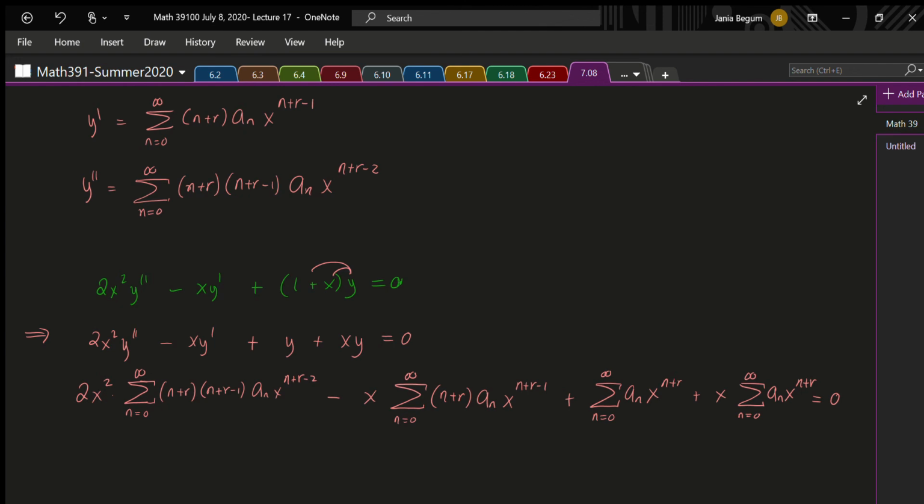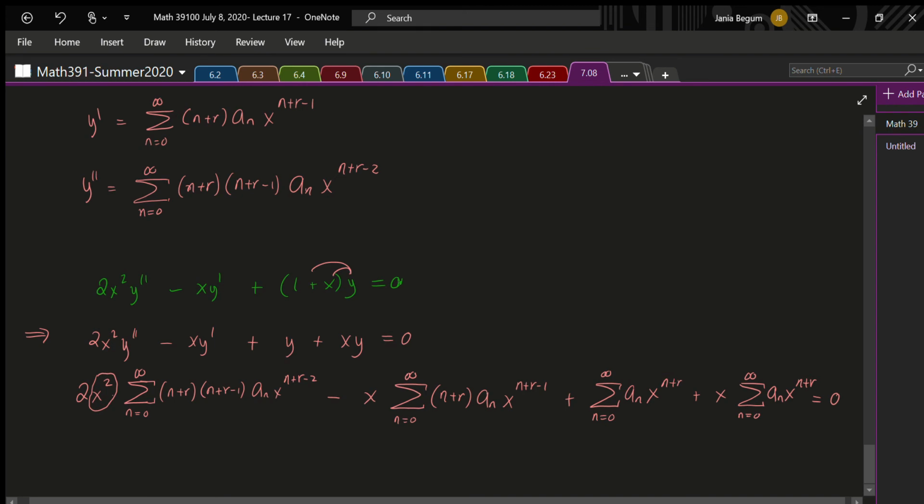So I'm going to combine all the x's. I'm going to push this one inside and combine it with that, then push this one inside and combine it with this, and the last one, I will push inside and combine with that. So those are the next steps I'm going to take.